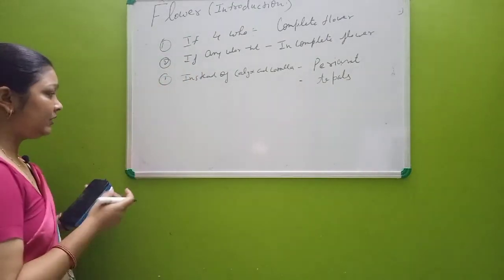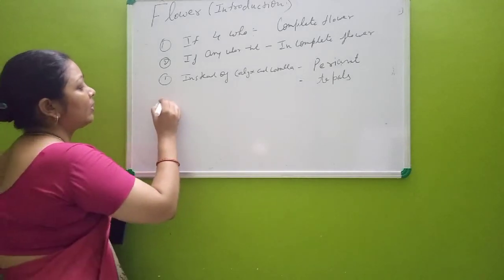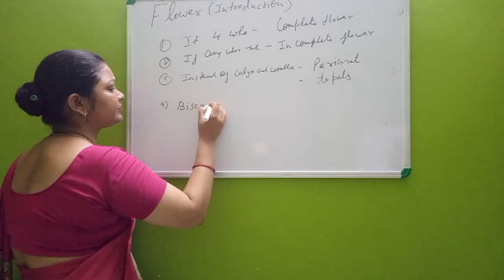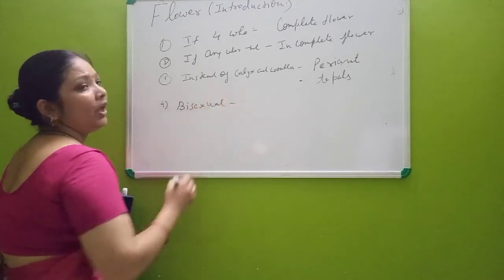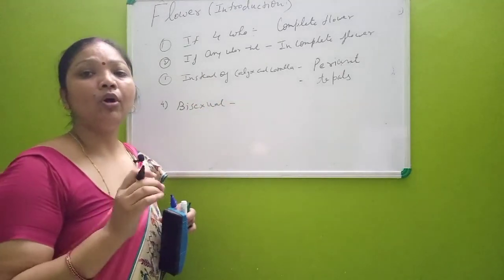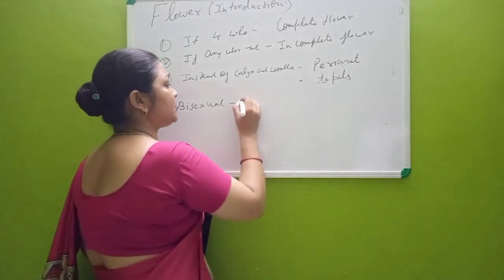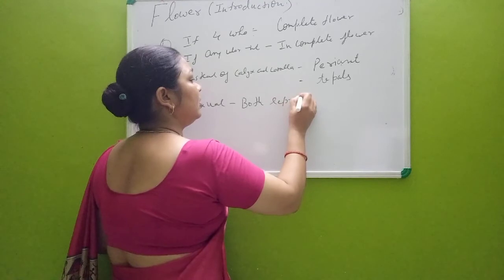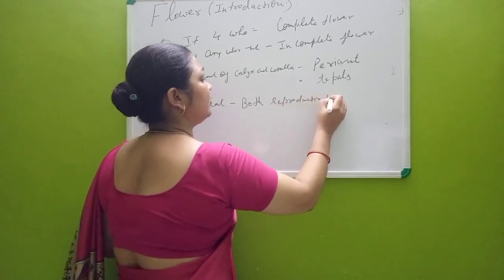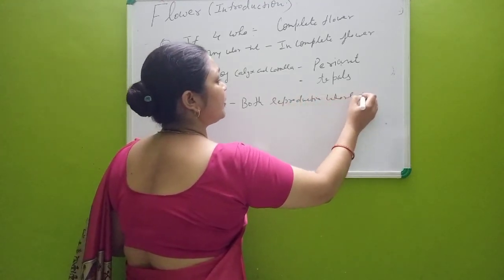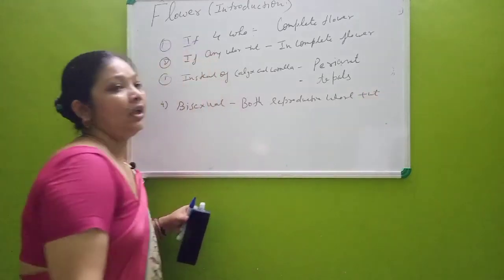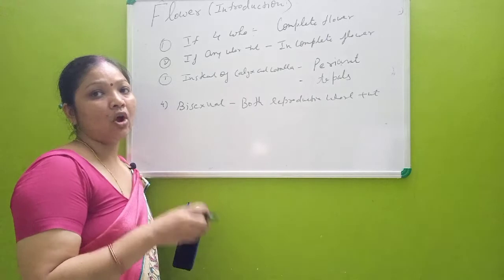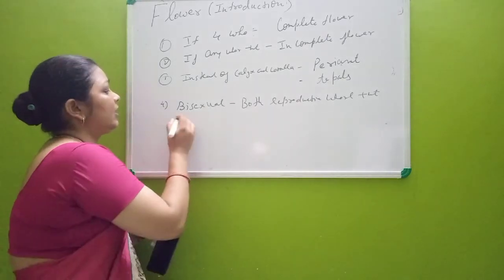Now the other thing that we have to study, the fourth term, is bisexual. If both reproductive whorls are present in the same flower, then it is called a bisexual flower.